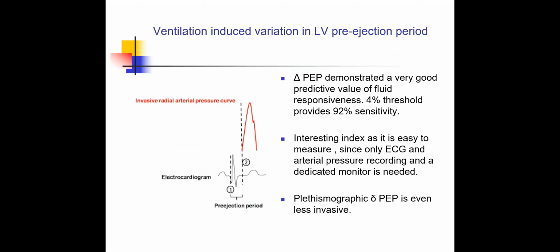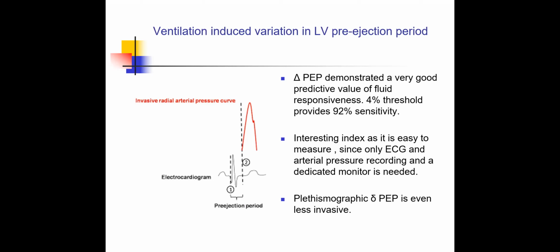So coming to left ventricular pre-ejection period variation, as we see, we need an invasive arterial pressure and the ECG curve, and from the start of the QRS complex, point number 1, to the foot of the invasive arterial trace, point number 2, we get a pre-ejection period, and this pre-ejection period gives us the isovolumetric contraction time, and the variation in this period due to mechanical ventilation gives us the variation.